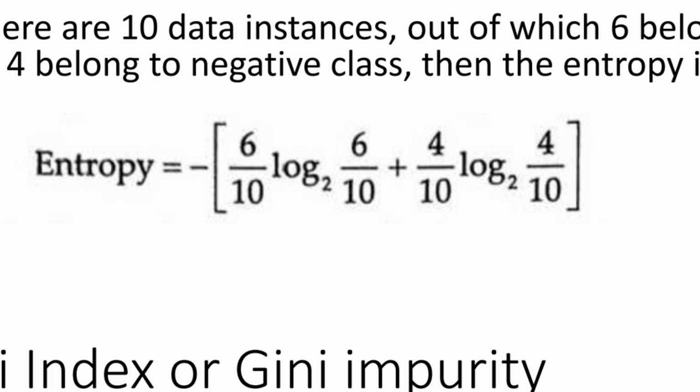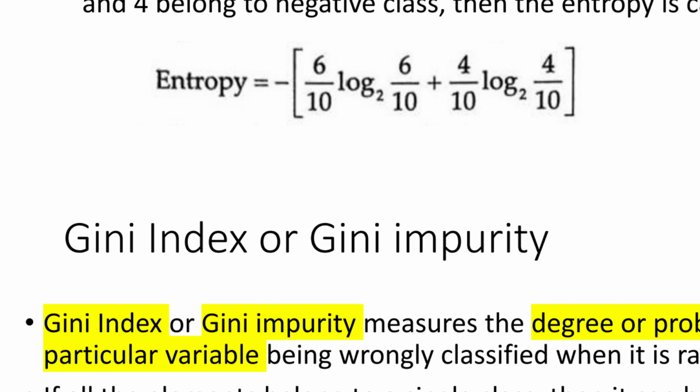Here there are 2 classes, so only 2 terms. If there are 3, then you have to sum all 3. If there are 10, you have to add all 10. We'll see that in the problem. 4 divided by 10 log base 2 of 4 by 10. This is the entropy.